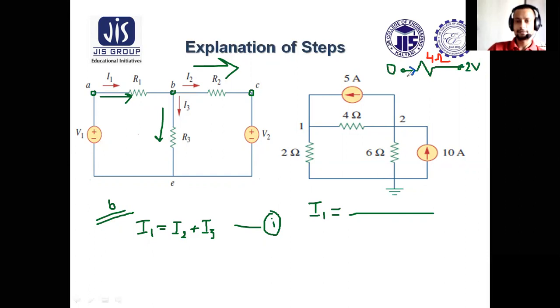What should be the current through this branch? As per Ohm's law, current should be VA minus VB, that is 10 minus 2, divided by resistance, VA minus VB by R, which equals 2 ampere.